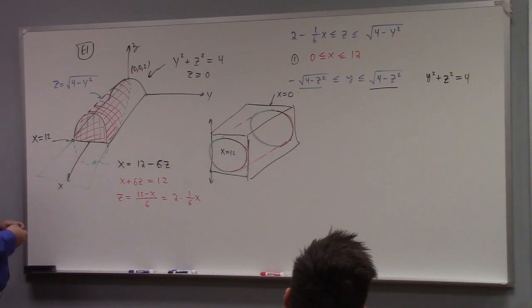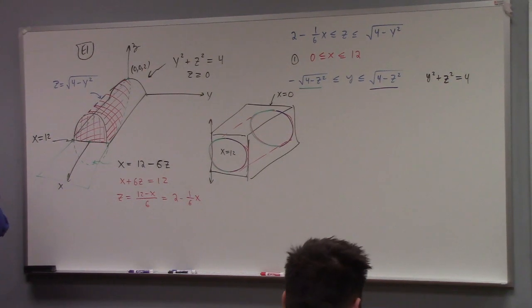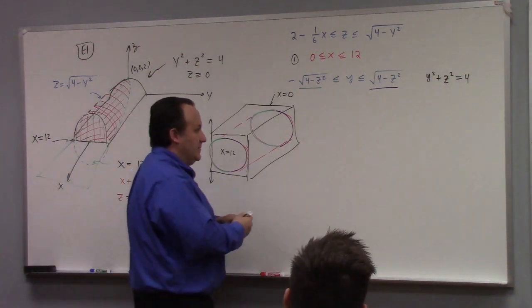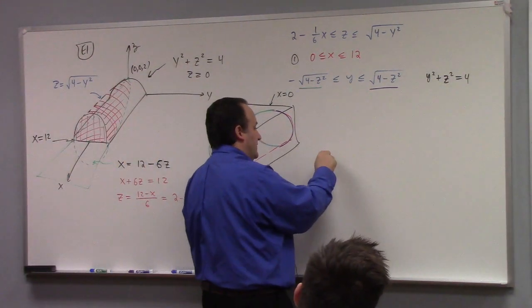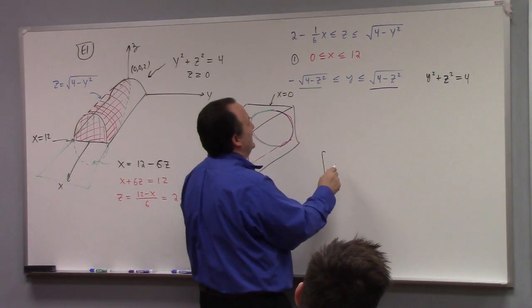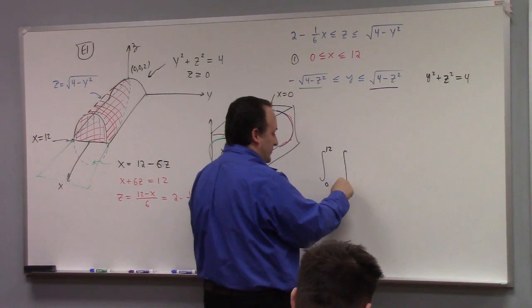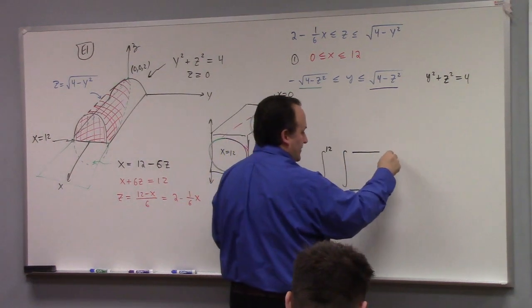The issue is you have y and z in terms of each other. Yeah. Let's think about this schematically. So we have committed to 0 to 12 for my outside bound, right? We're struggling with what to put here and here.